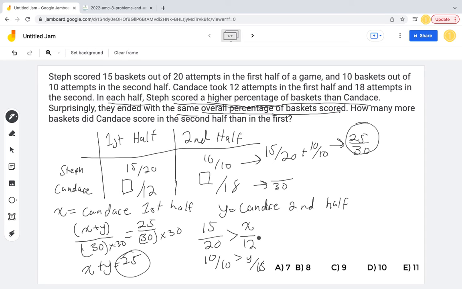So we can list out anything that they can be. 15 over 20 is equal to 3/4, which is 0.75, and x has to be less than 0.75 of 12. 9 over 12 is equal to 3/4, if you divide both sides by 3, you get 3 over 4. So x has to be less than 9.